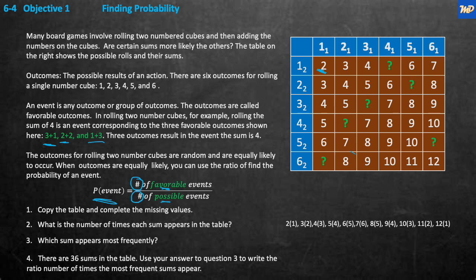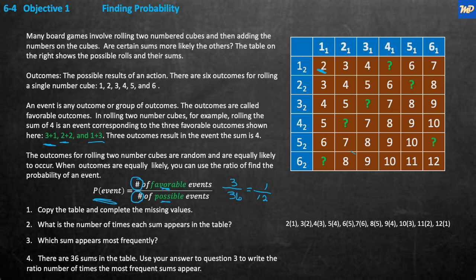It's 3 divided by 36, because you got a 3 on the top, the number of favorable outcomes, and 36 is the number of possible outcomes or events. So that ratio, 3 over 36, would be equal to 1/12.